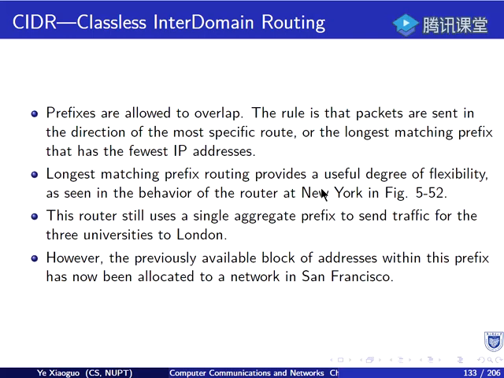Prefixes are allowed to overlap. The rule is that packets are sent in the direction of the most specific route, or longest matching prefix, which has the fewest IP addresses. Longest matching prefix routing provides a useful degree of flexibility, as seen in the behavior of the router at New York in Fig 5-2.